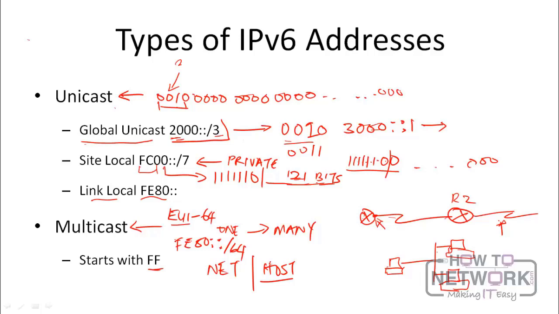So for the host part, the device would generate it by itself. And the way it does that is that it uses the MAC address. Now, if you remember, the MAC address is a 48-bit address. So for it to get to 64 bits for the host, you need 16 more bits. And the way it does that is it just inserts FFFE in the middle of the MAC address.